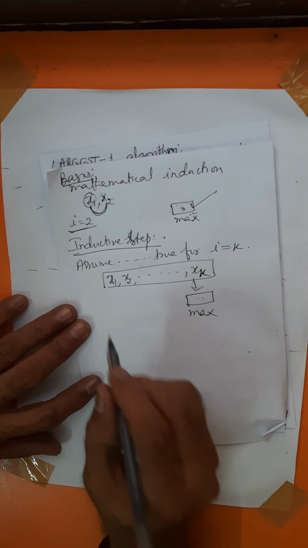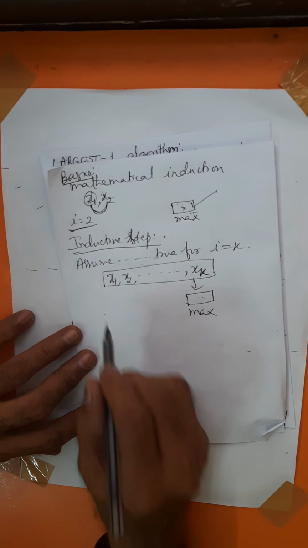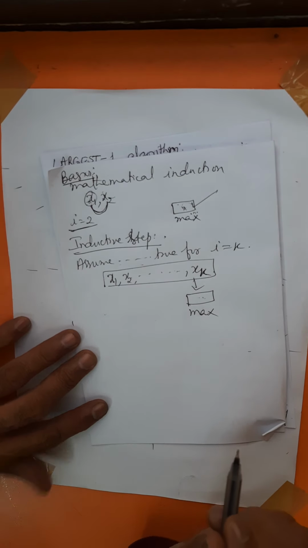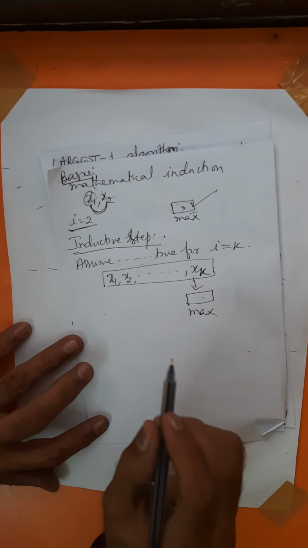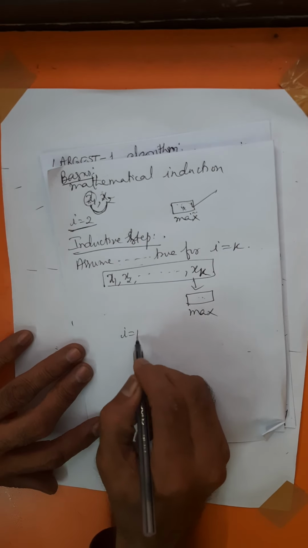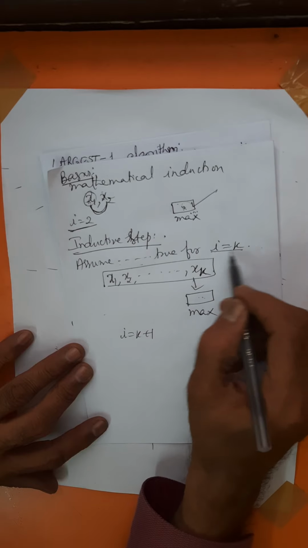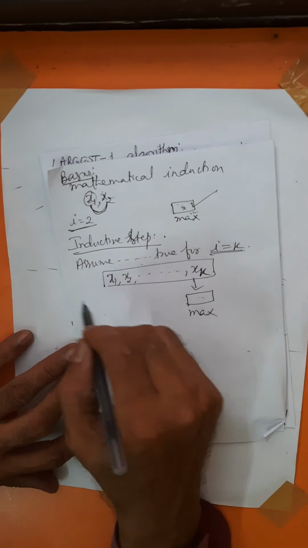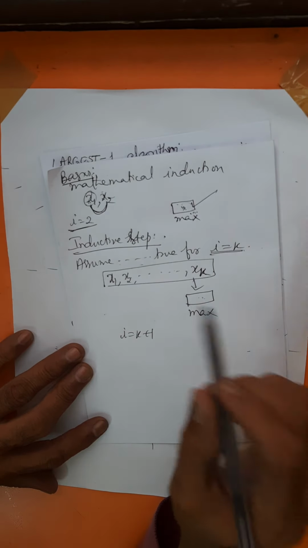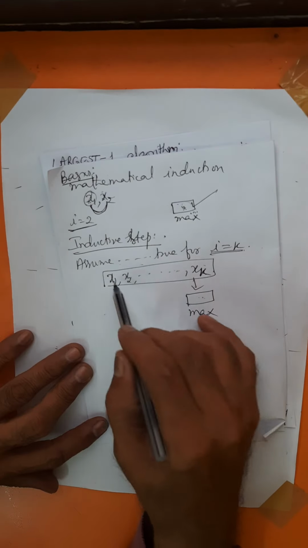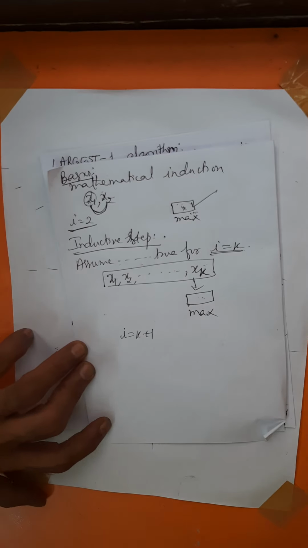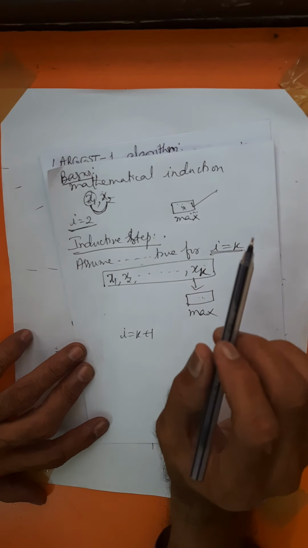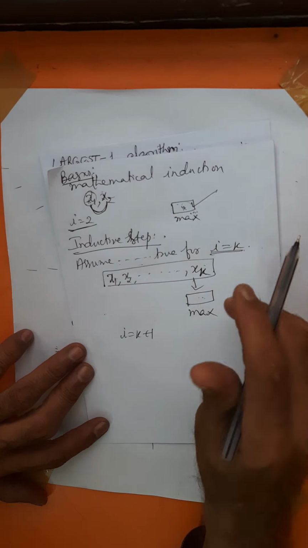What is the next step? The conclusion step. You have to go for the next larger value, that is, i equal to k plus 1. Till i equal to k, you are assuming that the result is true, that is, among k values the largest is stored in the register max. For i equal to k plus 1, you have to execute step 2.